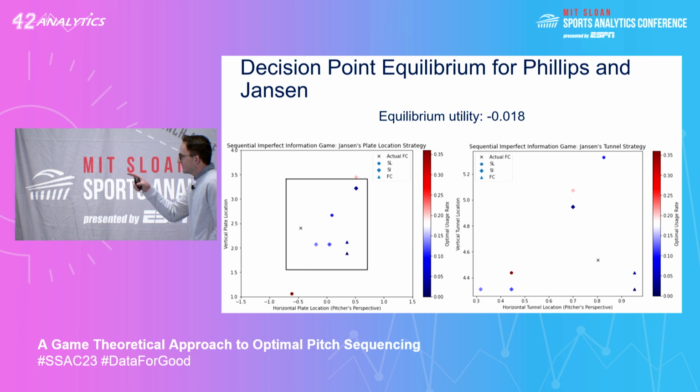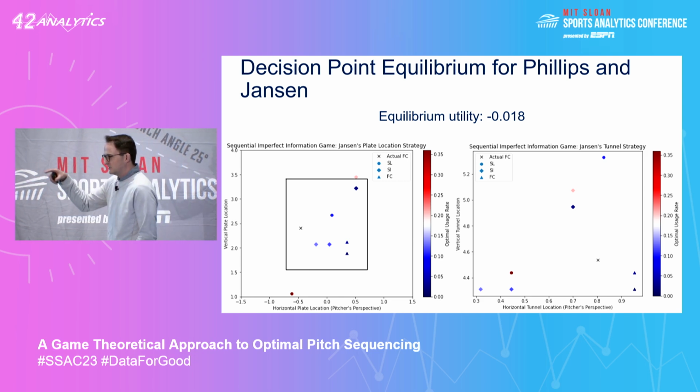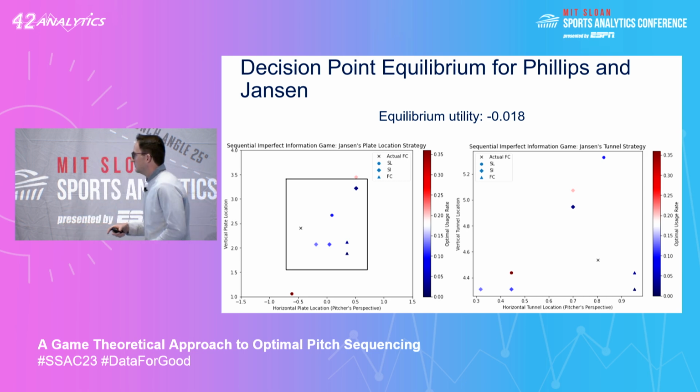And if you look at the plot on the right, you can see that that slider and those two sinkers in the bottom half of the zone, they're near each other in the decision point. And especially when you factor in Jansen's execution score, all three of those pitches are going to be passing through a similar set of decision points. And so what that means is, from Phillips' perspective, he can't really tell those pitches apart under the assumptions of this game.